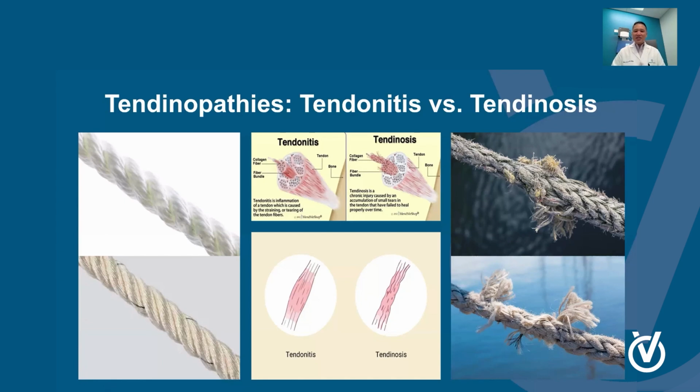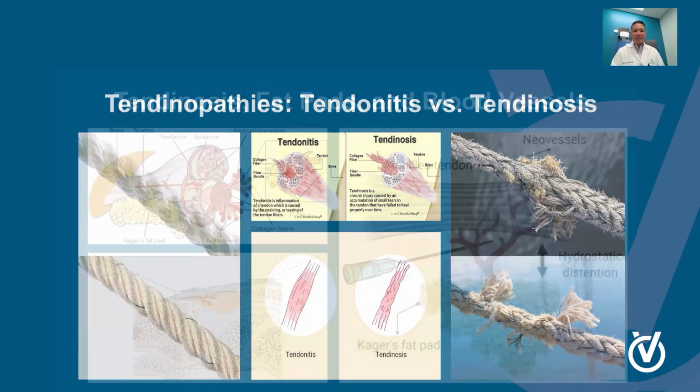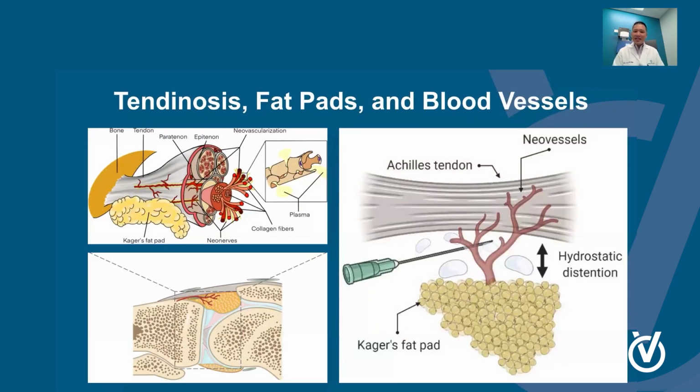The issue with this is that this is a degenerative condition that sometimes is compounded and worsened by nearby abnormal blood flow. And this usually happens when there's a nearby fat pad. So, for example, if you have a fat pad nearby the tendon, as the tendon is trying to heal, you might get blood vessels sprouting from the nearby fat pad, trying to help the tendon heal and remodel and otherwise respond to the tendinosis.